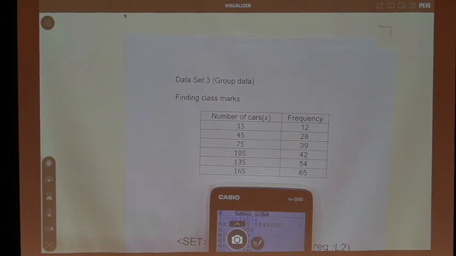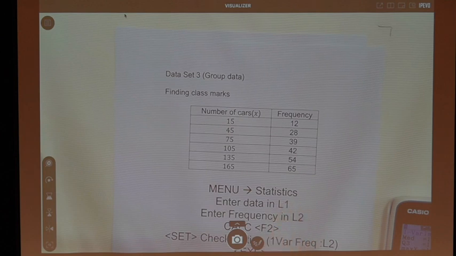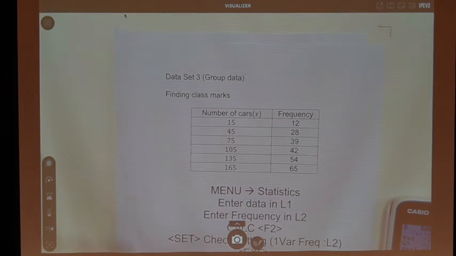We got all the max and minimum there. Alright, so minimum of cars, median, and so on. Done that? Yes? Alright, we are moving on.